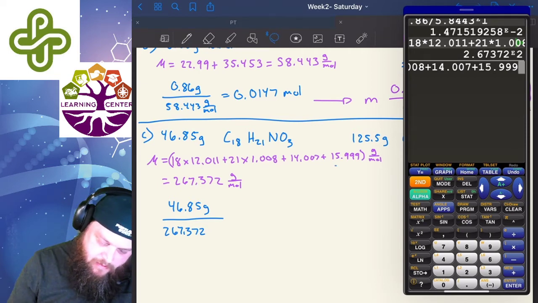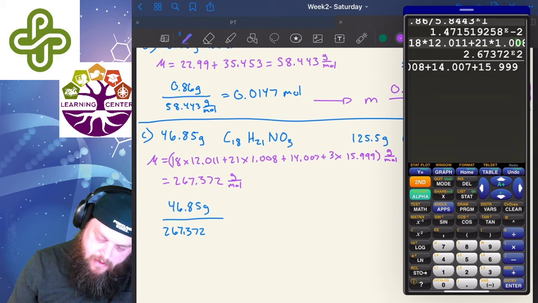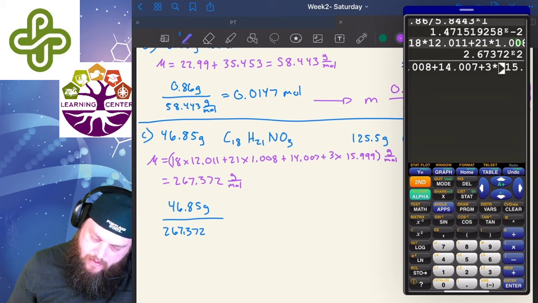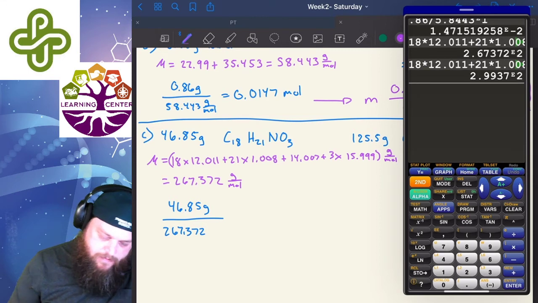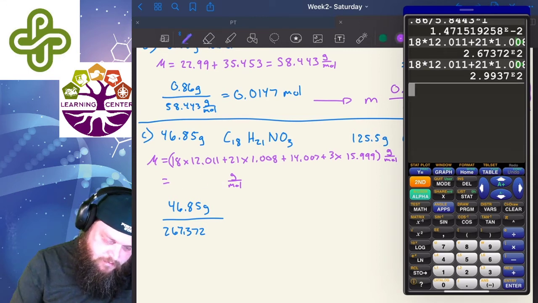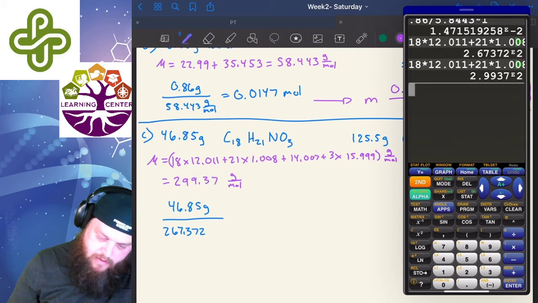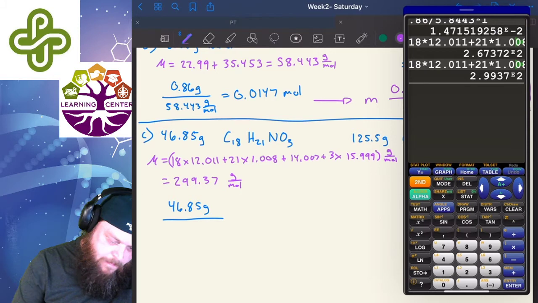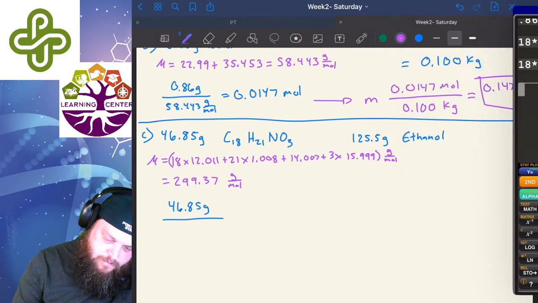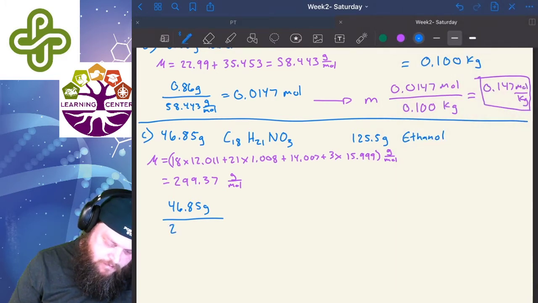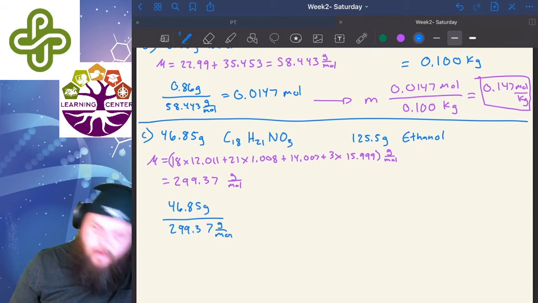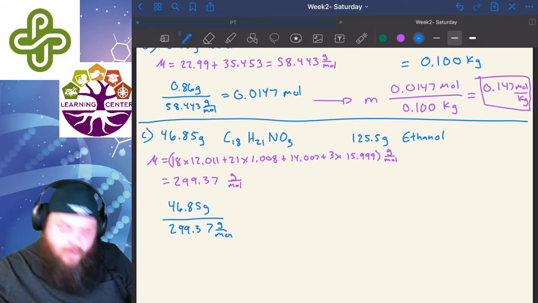I see what I did wrong. I forgot to multiply the oxygen by 3. So right here, 3 times, there we are. So that should really be 299.37 grams per mole. There we go. So that's a little bit better.